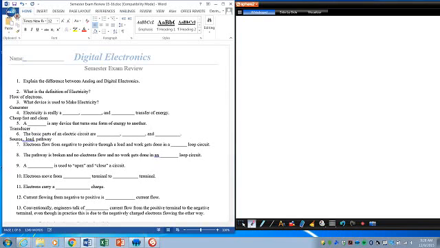Number seven, electrons flow from negative to positive through a load, and work gets done in a blank loop circuit. So basically it's saying electrons will only go through when you have a circuit. So for example, you have the battery, and the electrons will only flow through and go through a resistor. Let's say this is a light bulb.